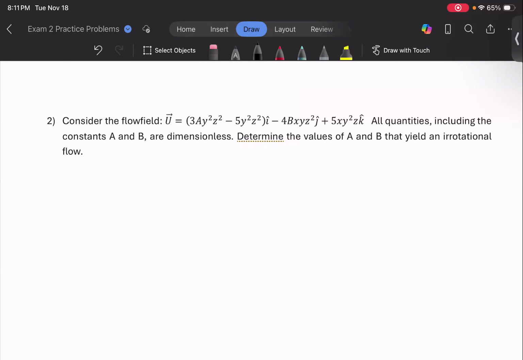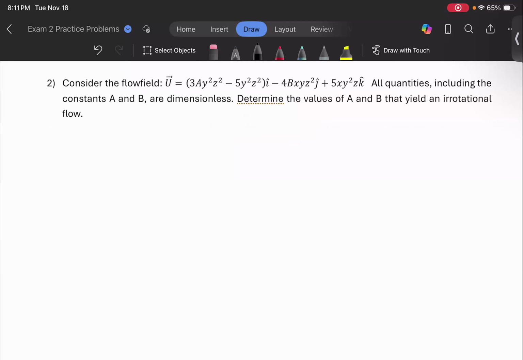So we have partial y, partial x. I have room over here, so I'll do it over here. For the K component, we have partial uy partial x, minus partial ux partial y.